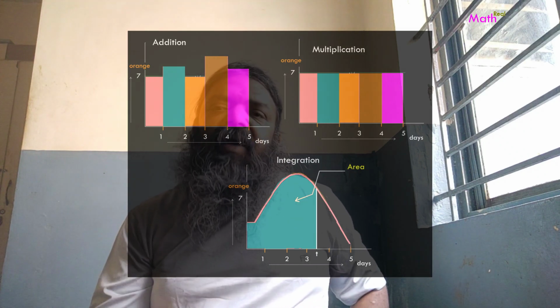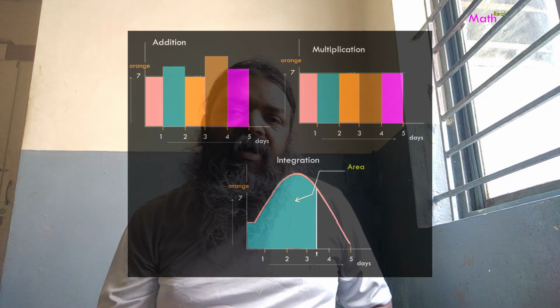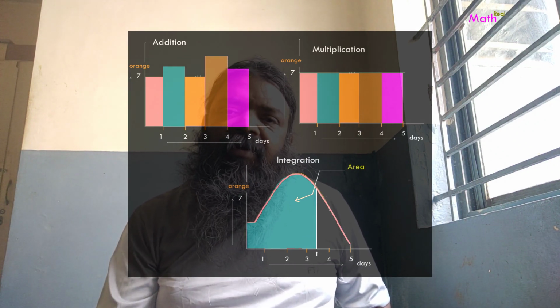So if I am collecting 7 oranges every day, at the end of 10 days the rectangle has area of 70. Okay, so that is the integration.